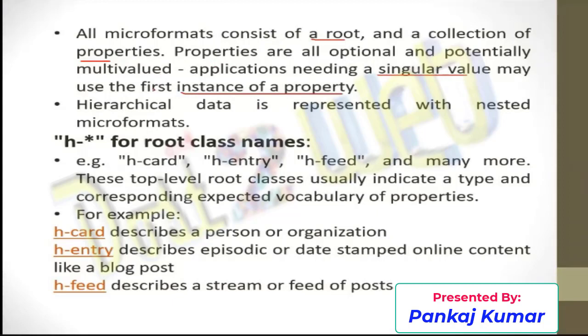Generally when you use microformats, you use h-star. That means you give h hyphen and whatever you are going to use. There are different types of classes you can use, for example hCard, h-entry, h-feed, and many more. These are the top-level root classes, and they correspond accordingly.